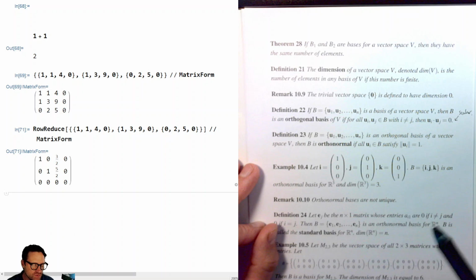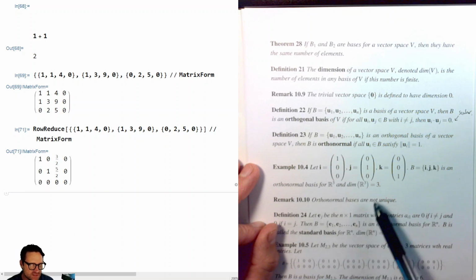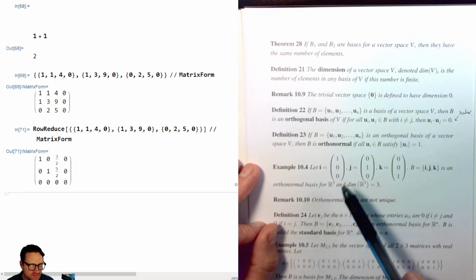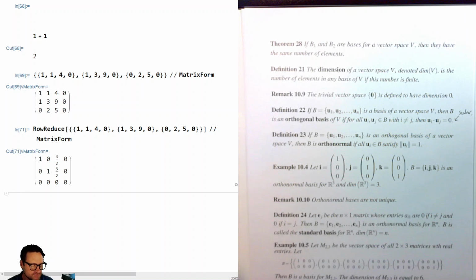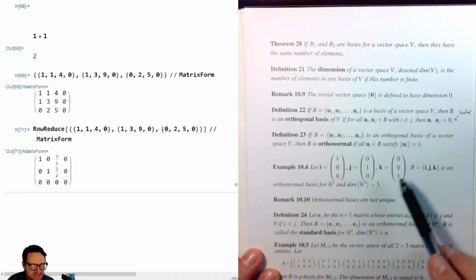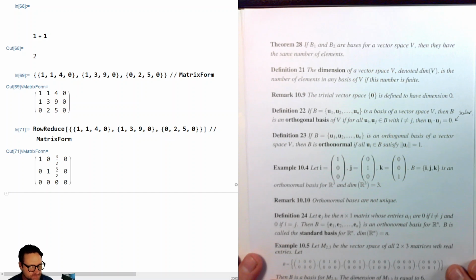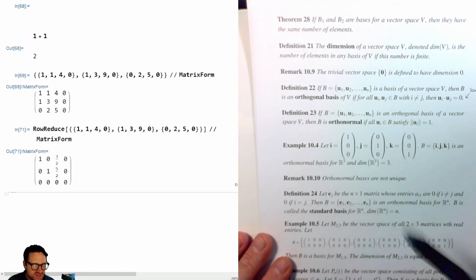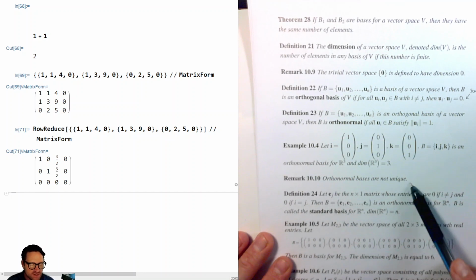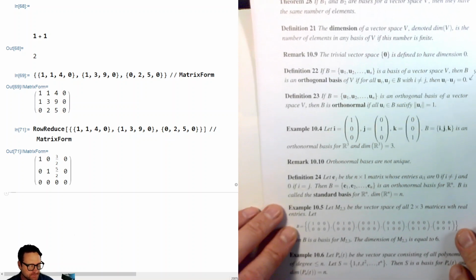So that is an orthonormal basis for 3-space. Now here, notice there are 3 of these, so the dimension of the vector space 3-space is equal to 3. And that number is the same for any basis that I take for 3-space. Okay, just when you thought that this was very special, orthonormal bases are not unique. I could have a different orthonormal basis.